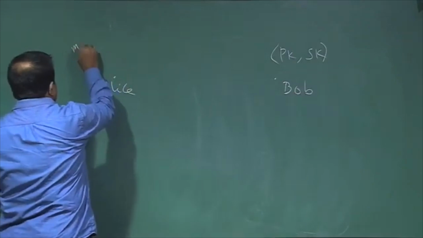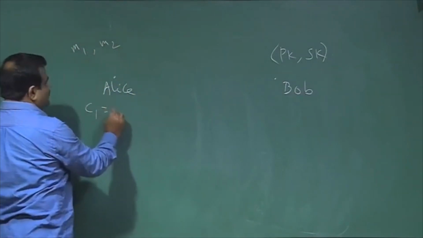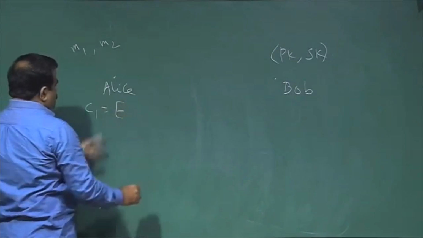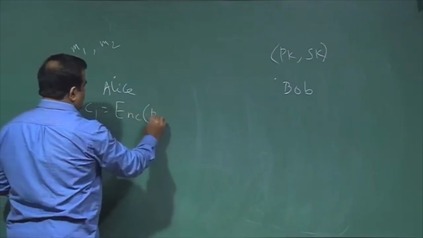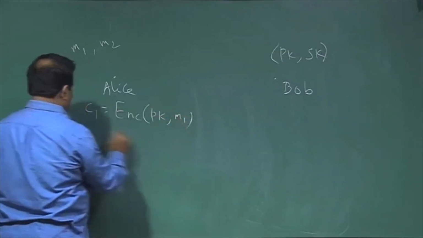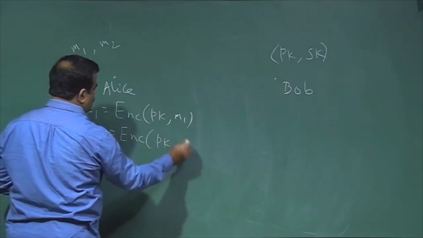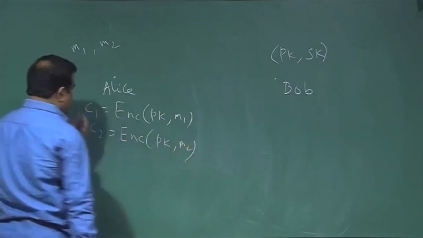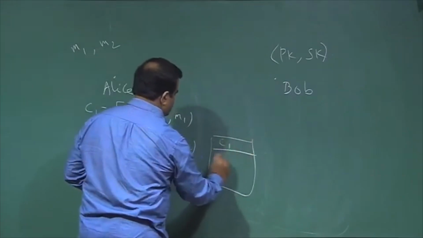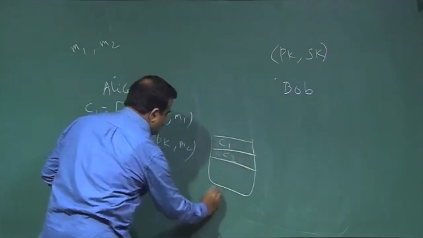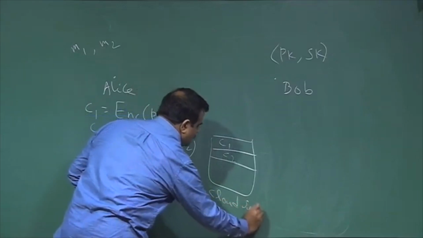We have two messages M1 and M2, and these are encrypted: C1 is encrypted using Bob's public key on M1, and C2 is encrypted using Bob's public key on M2, and this C1, C2 is stored in the cloud server.